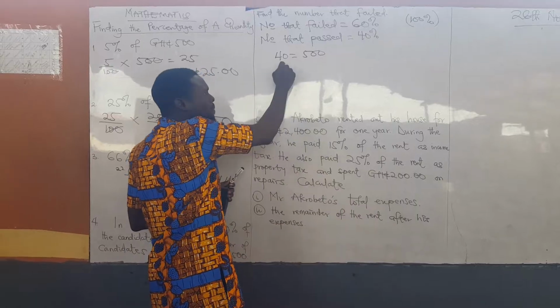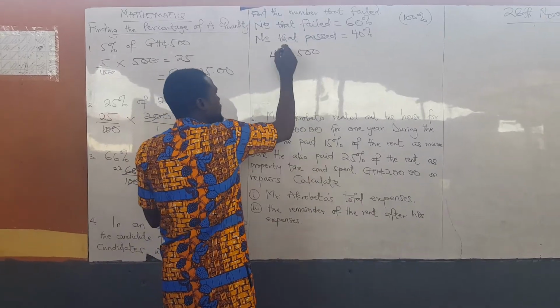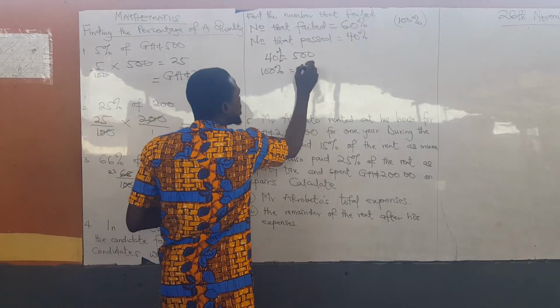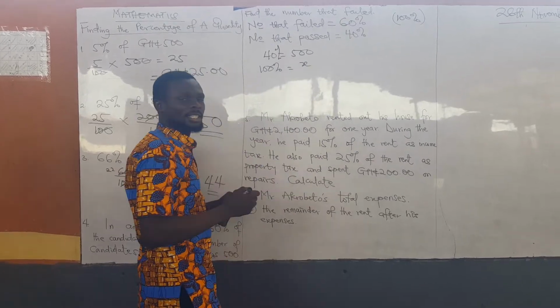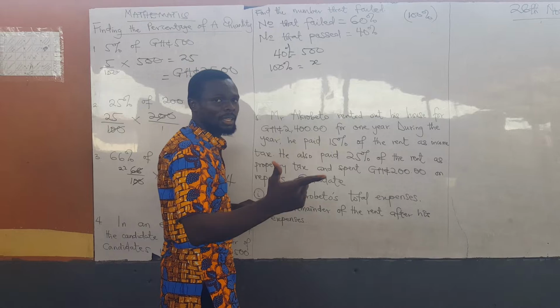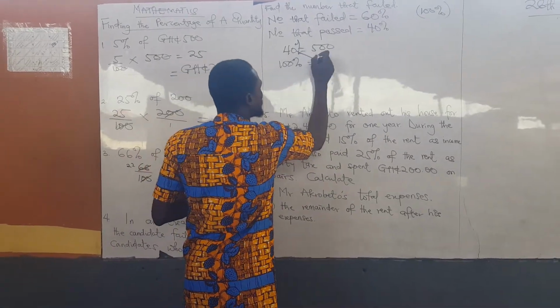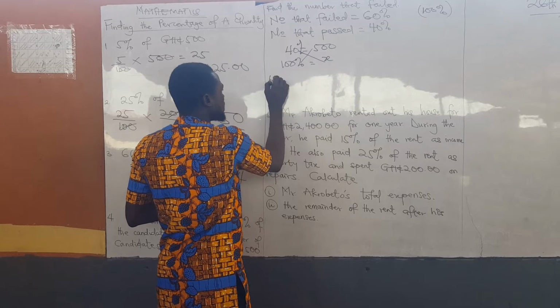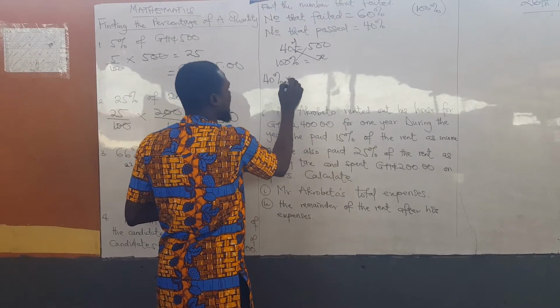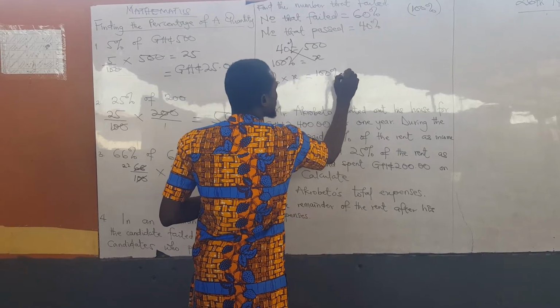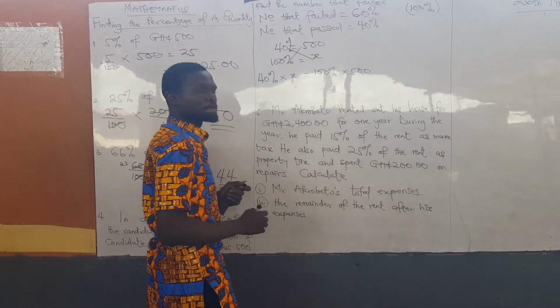So if 40% passed, then 100% we don't know, so let's represent it with a variable, say x. Now from here we do our cross multiplication: the 40% will multiply x and the 100% will multiply 500.